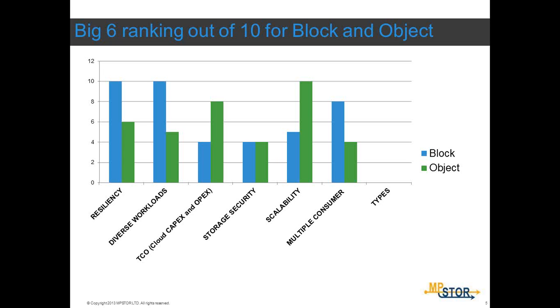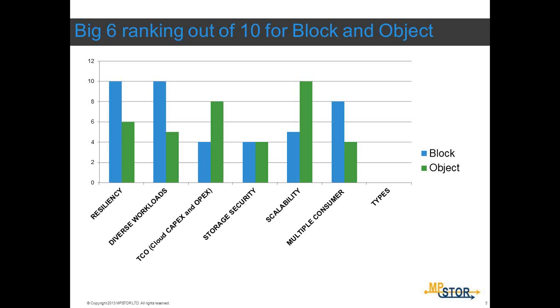In terms of storage security, neither framework has much of an advantage over the other. And in terms of scalability, object storage today is perceived as having better scalability characteristics. And I think that's quite true, but there are new technologies which help block storage to scale out, and we'll have a look at that a little later.